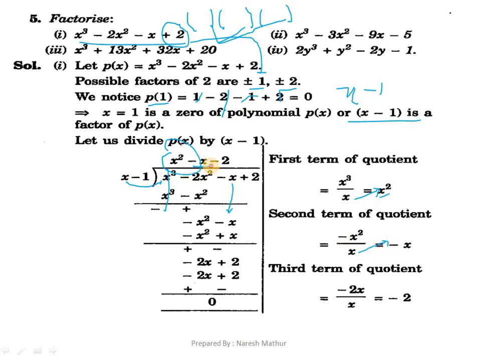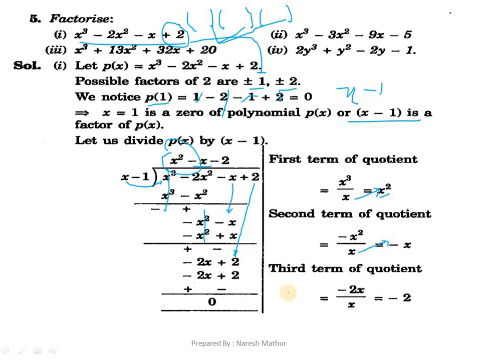So minus x into x will be minus x square, and minus x into minus 1 would be positive x, minus minus plus. Just change the sign. x square will be cancelled out. Minus x and minus x would be minus 2x. This positive 2 will be noted down.